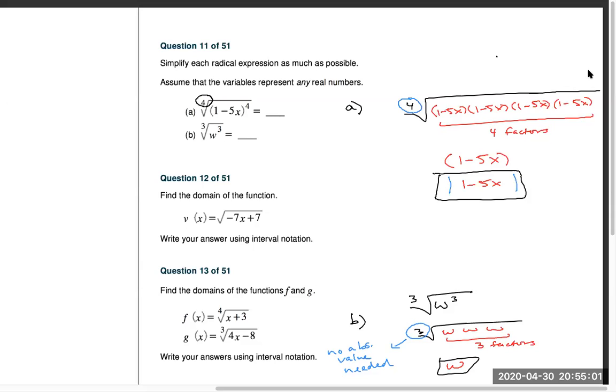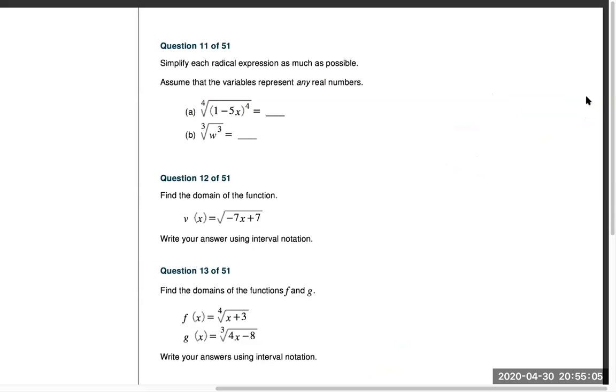Let me go ahead and clear all this out. Let's go over number 12 and 13. We're looking for the domain of our functions. So essentially, remember we had 2 domain rules in the past.